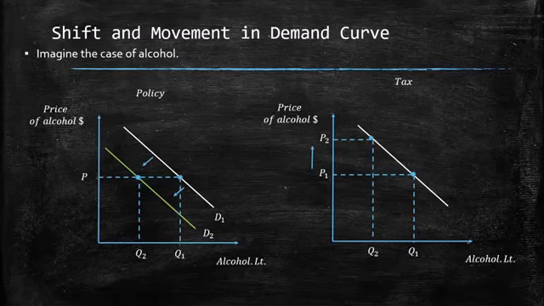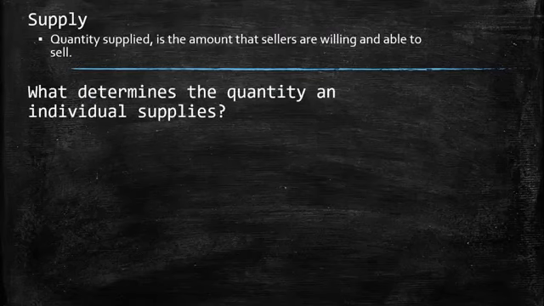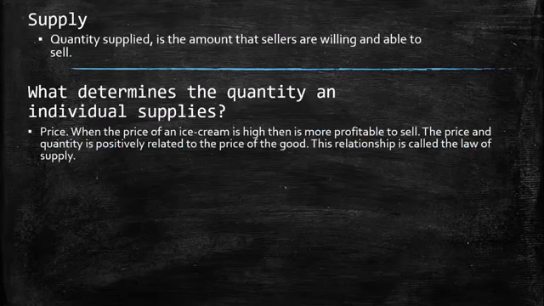Okay, now we are going to talk a little bit about the other side, which is the supply. The quantity supplied is the amount that sellers are willing and able to sell. So what determines the quantity of individual supplies? The price.